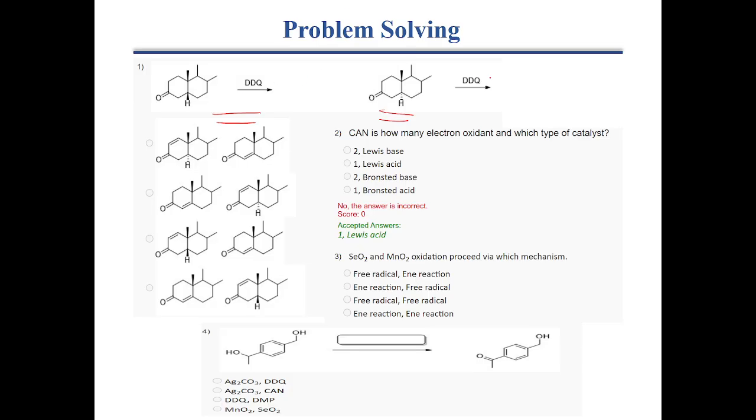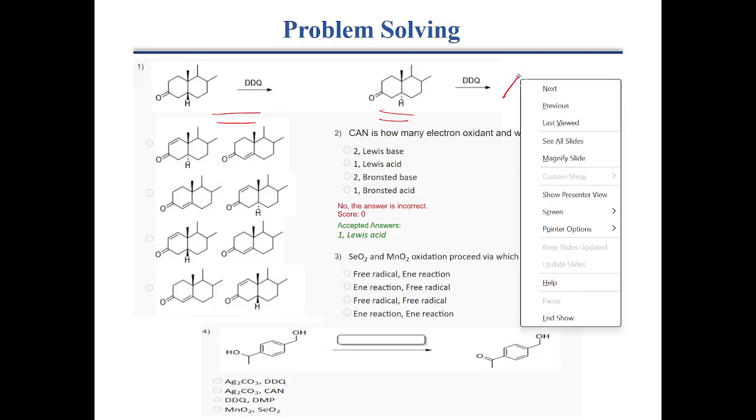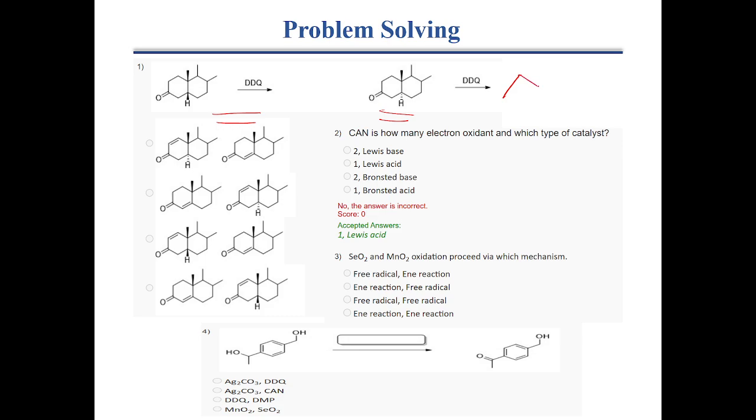If we write the chair form of these two structures, first I will discuss the trans one. This is the trans form, and the methyl and hydrogen are trans. This is the ketone.